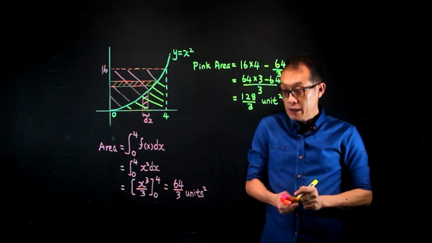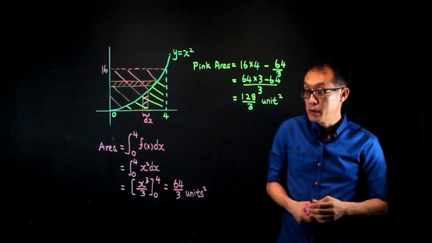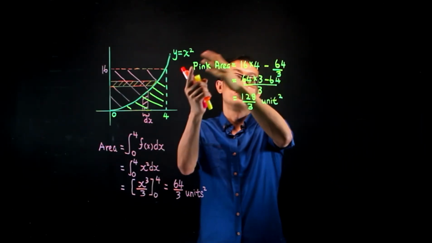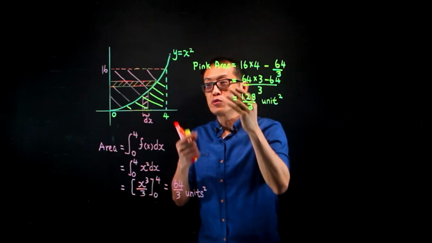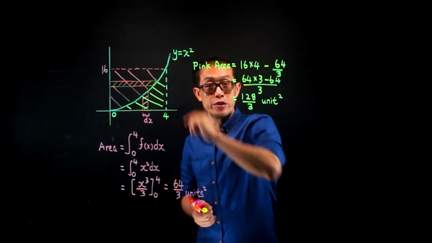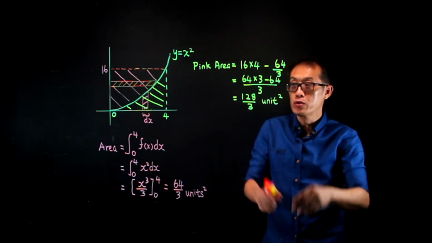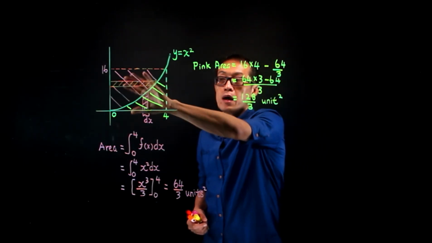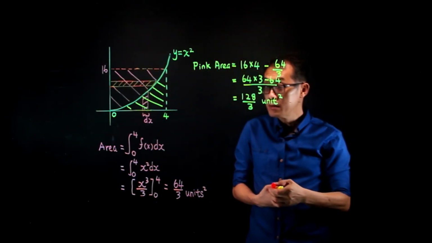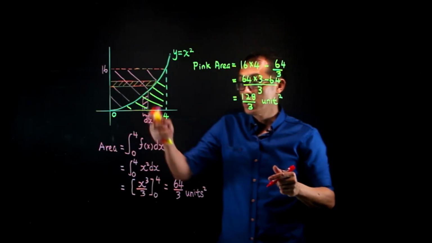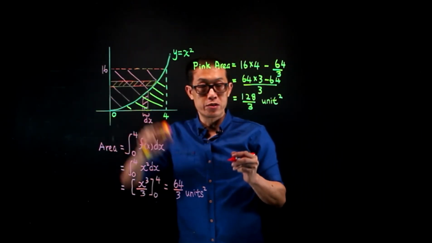Now the objective for me is not just to show you that you can do this subtraction, but I want to introduce to you the horizontal strip and see if we do the horizontal strip, will you get the same answer as this? All right, let's begin. Let's find the area of a horizontal strip.